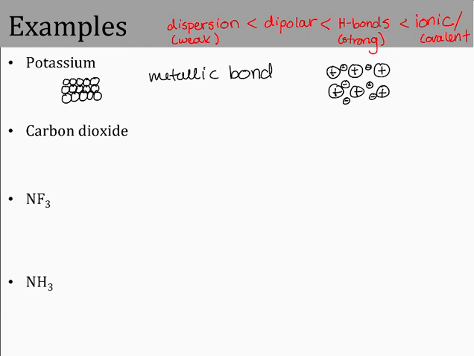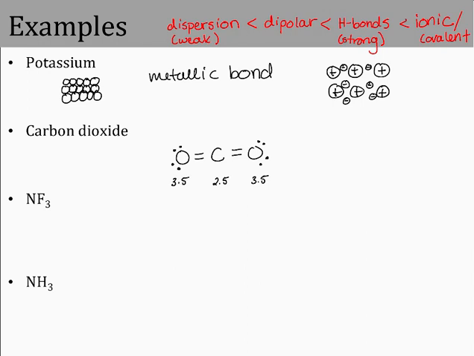Now, carbon dioxide we already went over, so remember that carbon has a double bond with each oxygen, and each oxygen still has 2 lone pairs of electrons because we need an octet of electrons for every atom. And we said that carbon had an electronegativity value of 2.5, and each oxygen had an electronegativity value of 3.5.